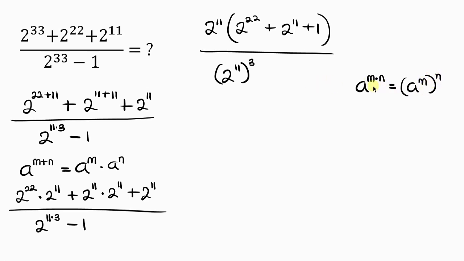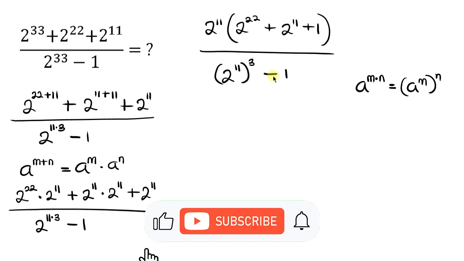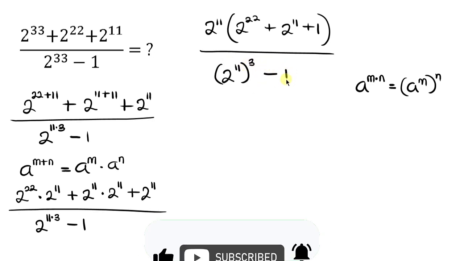So this is the same as this, minus 1. Now notice that the denominator is in the form of difference of two cubes, because 1 can be written as 1 cubed. So this is a difference of two cubes.